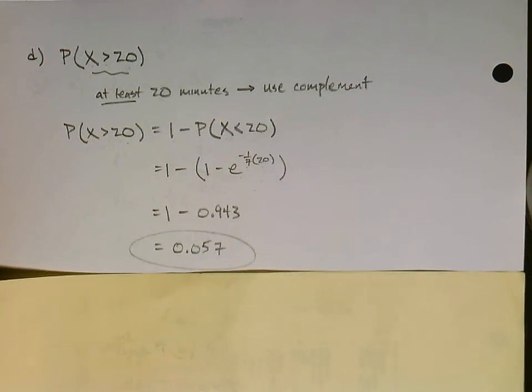All right, we got one last problem, part E. It says, what is the 50th percentile of minutes to fall asleep? Okay, so we have not dealt with a problem like this in this course before, because it really only applies to the continuous random variable. The 50th percentile.